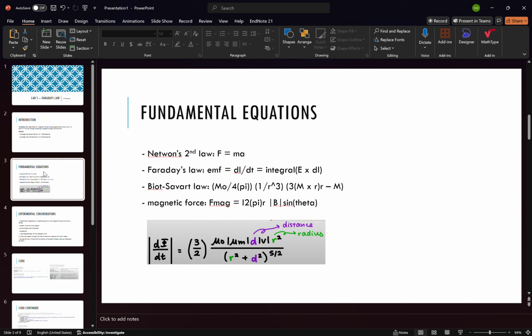And the magnetic force is 12 pi r times the absolute value of the magnetic field times the sine of theta. The change in flux over change in time is shown by this equation, which is changed by the distance between the two objects and the radius.